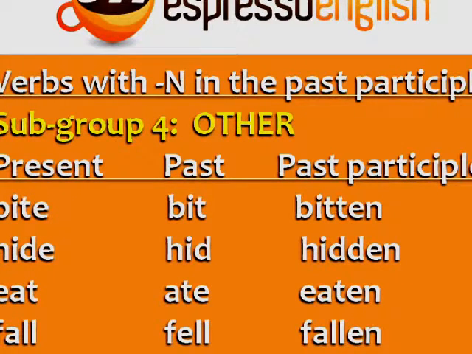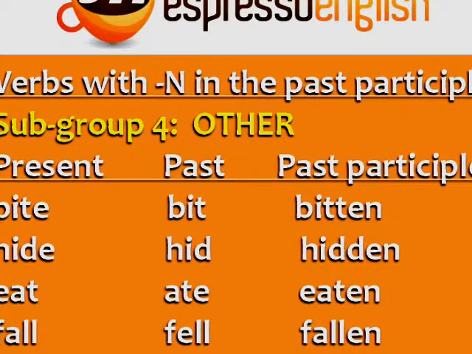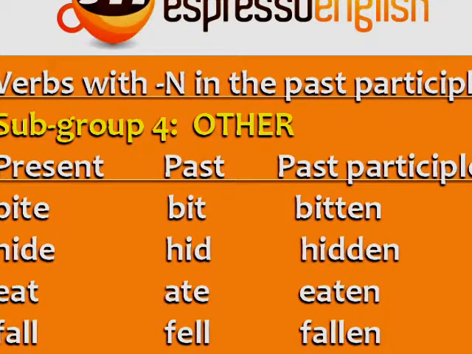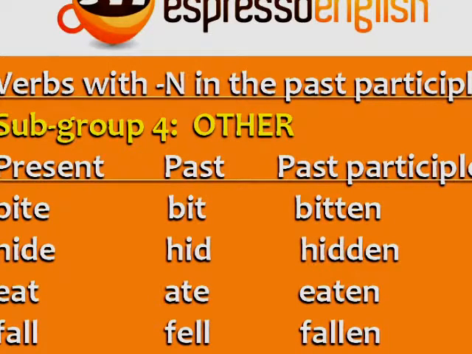Finally, we have subgroup 4, other. These verbs have n in the past participle, but don't appear to follow any other pattern. Bite, bit, bitten. Hide, hid, hidden. Eat, ate, eaten.